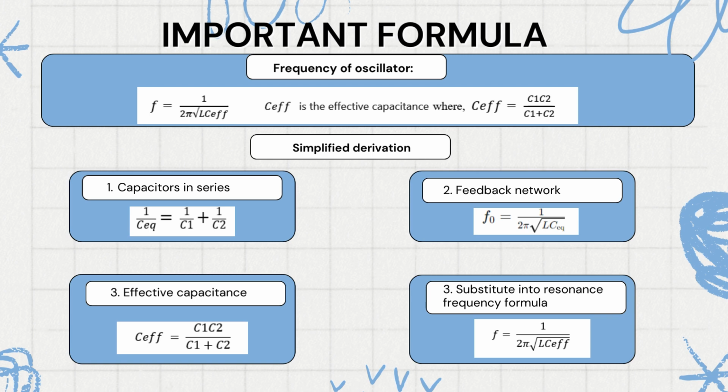The first is to analyze the equivalent capacitance when capacitors C1 and C2 are in series. The total capacitance C equivalent is given by 1 per C equivalent equal to 1 per C1 plus 1 per C2.